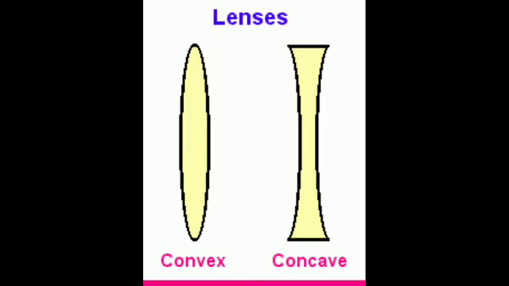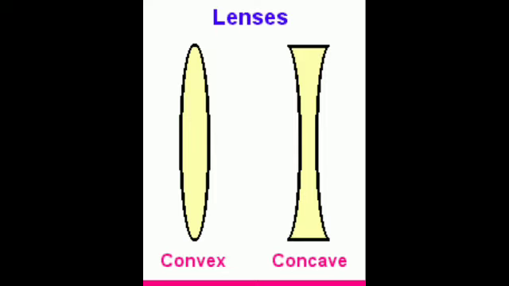It is a lens bounded by two spherical surfaces such that it is thicker at the center than at the edges. A beam of light passing through it is converged to a point. So, a convex lens is called a converging lens.